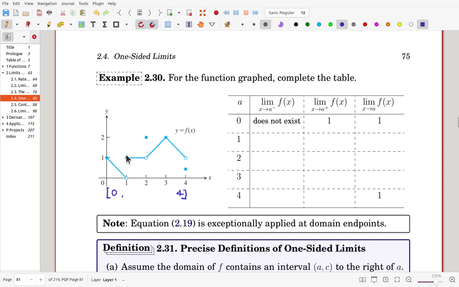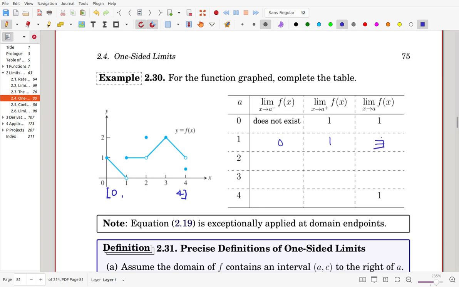Now, how about a equal 1? If you see here, the left limit is 0, and if you consider the right limit, it's 1. So the left limit is 0 and the right limit is 1, so eventually the limit of f as x approaches 1 doesn't exist.